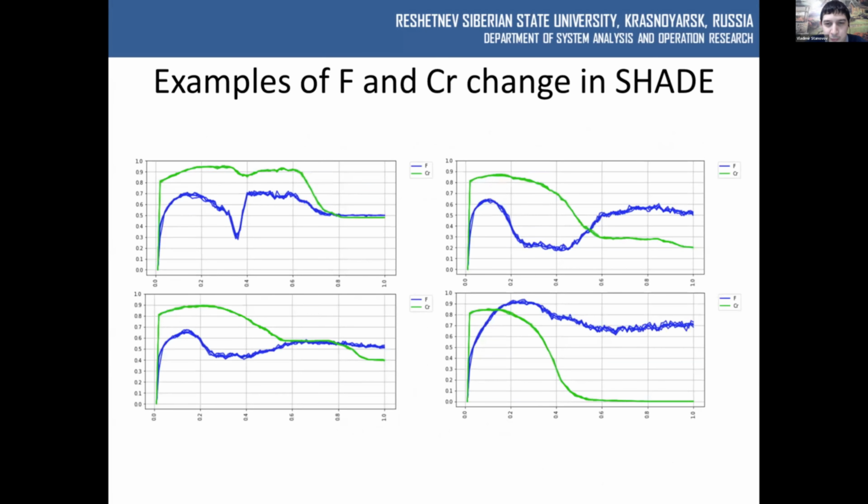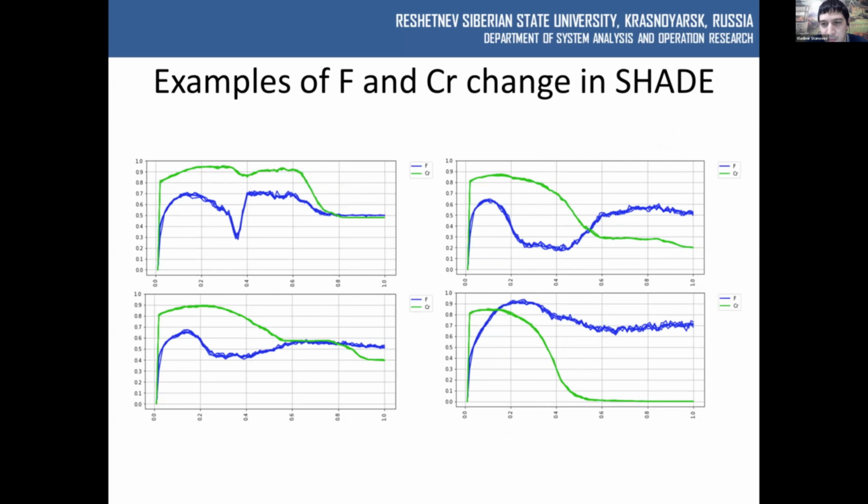So this is what happens to F and CR during optimization of different functions. As you can see, these values actually change a lot during the search process. This is, if you can say, self-adaptation.